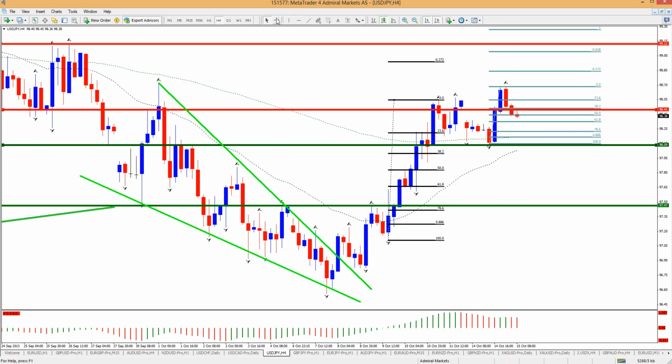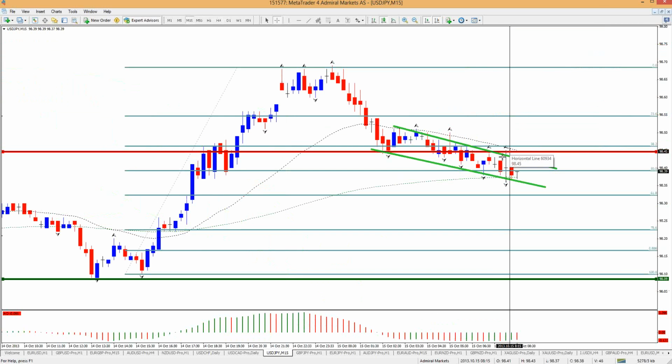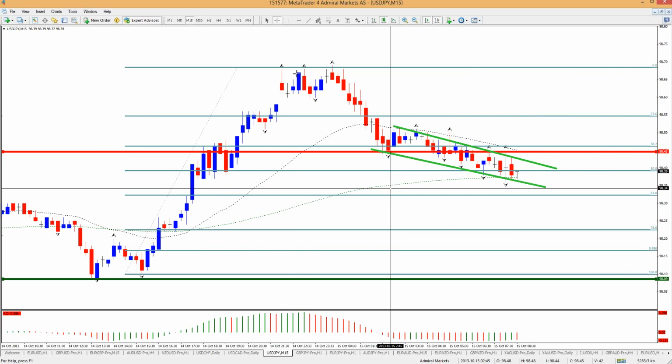But we do see that there is a potential fractal here, right, at 98.69. In my opinion, if you take a breakout on the 15-minute, I wouldn't look at the 4 hour, but I would look at the 1 hour resistance, one time frame higher.